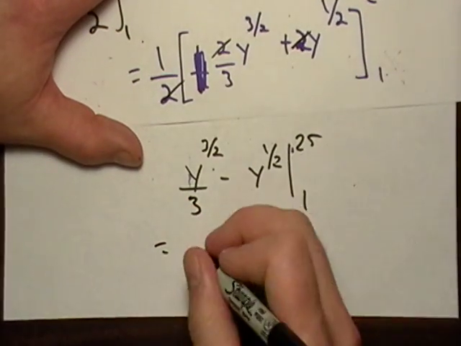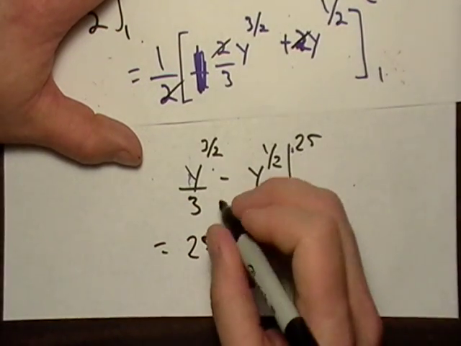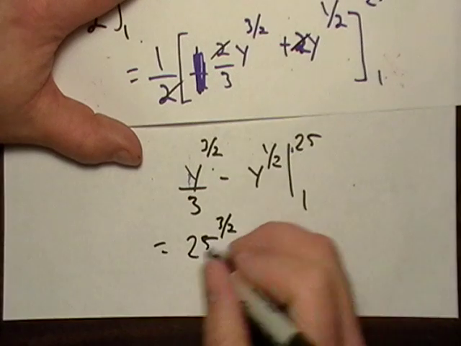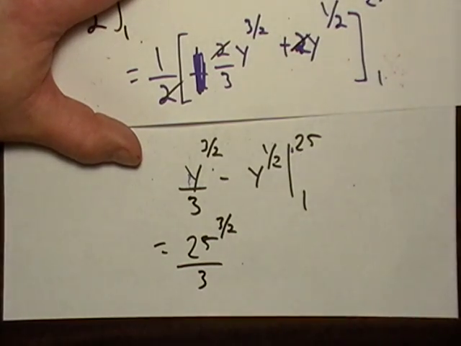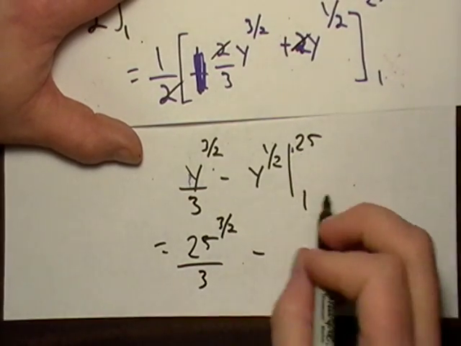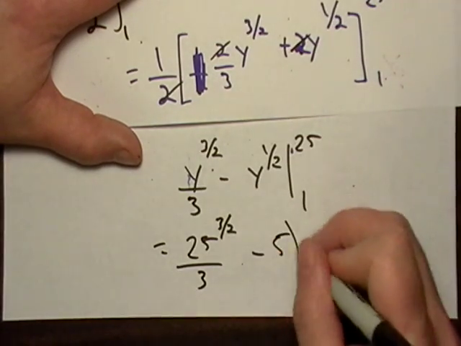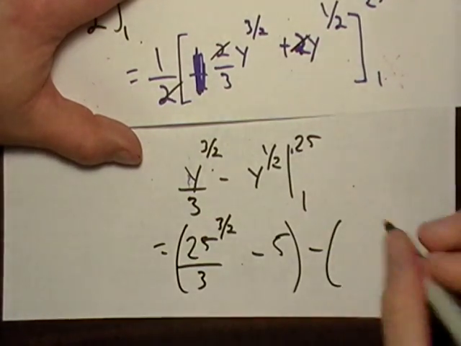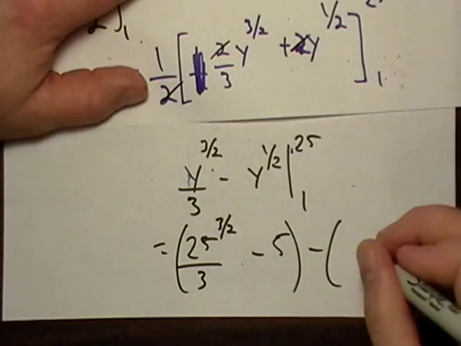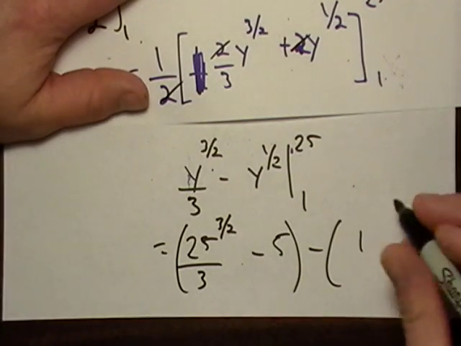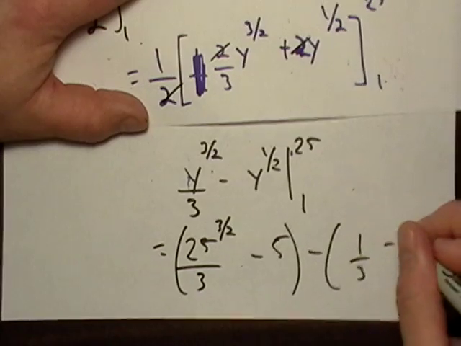So now I'm ending up with 25 to the 3/2 over 3 minus 5, minus 1/3 minus 1.